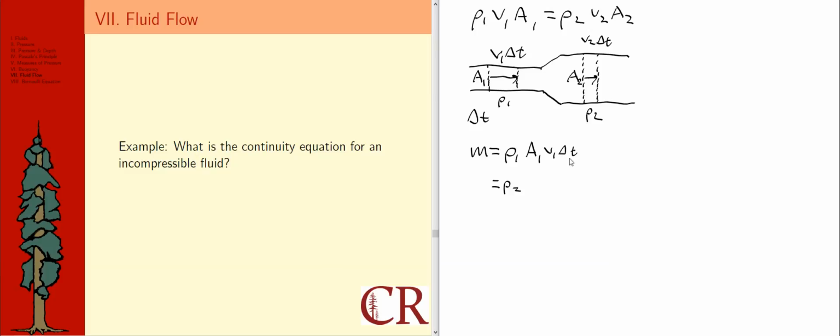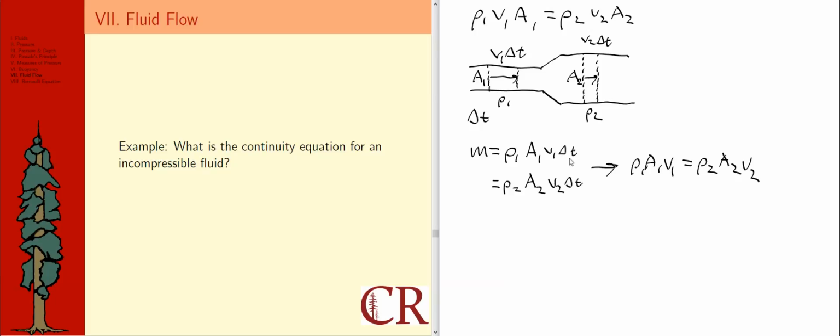Then it would be density times volume again, but in this case, the volume would be area 2 times that distance, which is V2 delta T. And so those two are equal to each other. If you cancel the delta T's, that gives you the result of rho 1 A1 V1 is equal to rho 2 A2 V2.